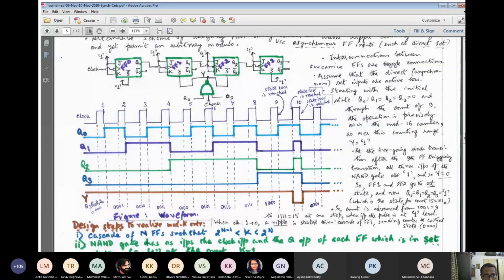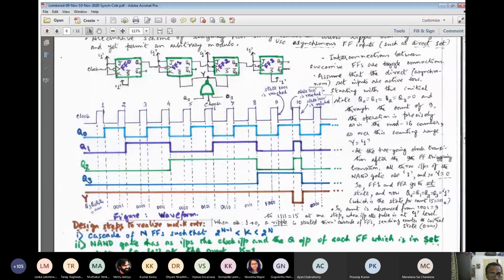In response, Q2 will go to 0. And finally, as Q2 has a transition from 1 to 0 and it is fed as clock input of FF3 and its J and K inputs are connected to high, Q3 also finally comes down to low. That means all the flip-flops will have a reset state transition.